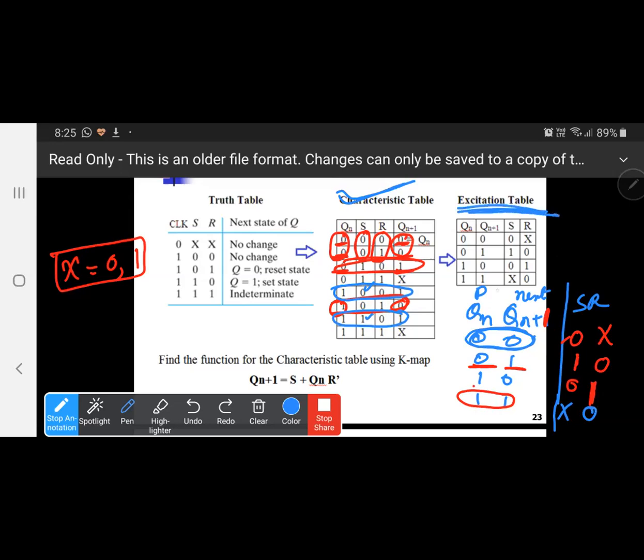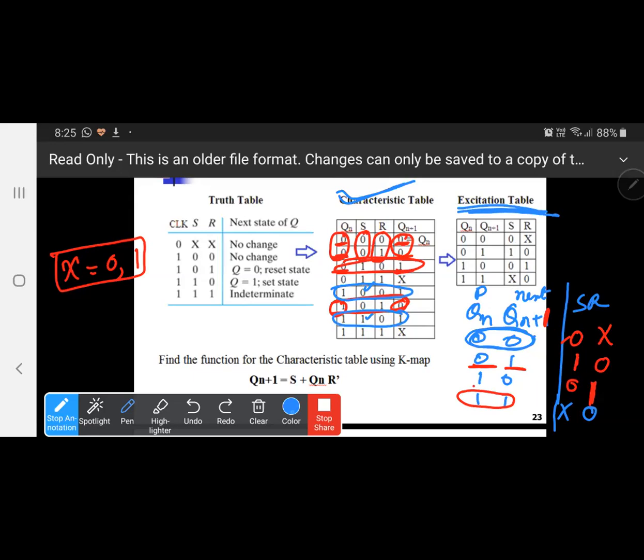So 0 don't care, 1 0, 0 1, don't care 0. I explained this so that if you forget the excitation table in the exam, you can find it this way. But you need to memorize it and always remember it.